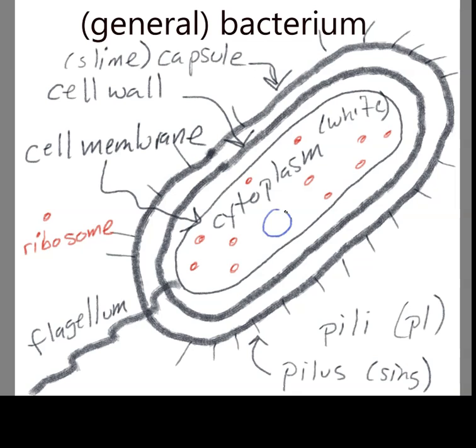And then I'm going to draw a ring here known as the plasmid. The plasmid is a ring of DNA that's found in bacteria. So there we have it, a drawing of a general bacterium in about 3.5 minutes.